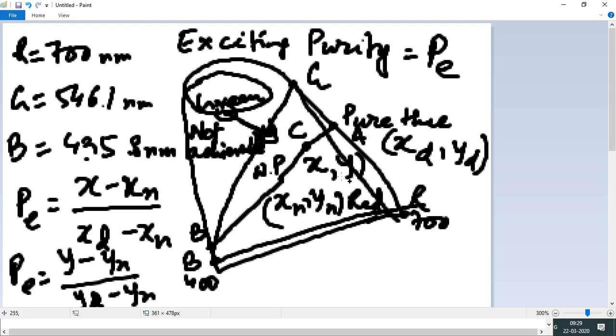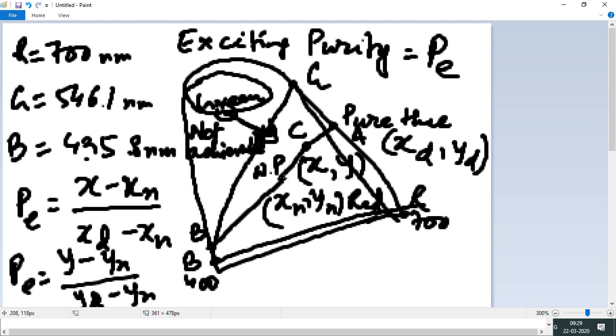Then the excitation purity of C is the ratio of the distance between that color and the white point of the illuminant to the distance between the color of pure hue and the white point of the illuminant. Again, I am repeating: excitation purity is the ratio of these two distances.